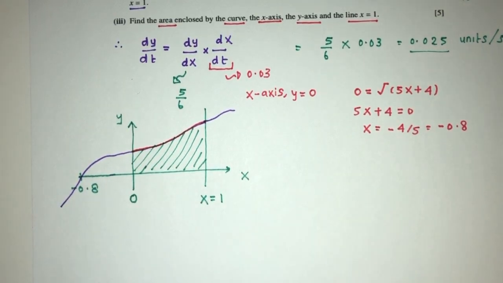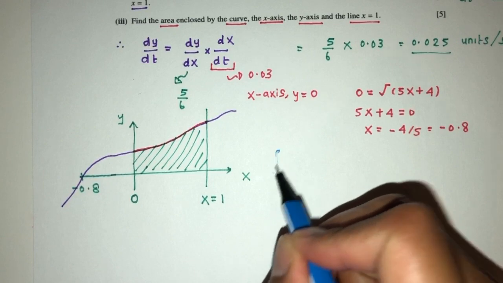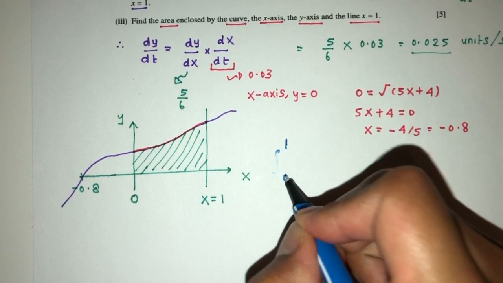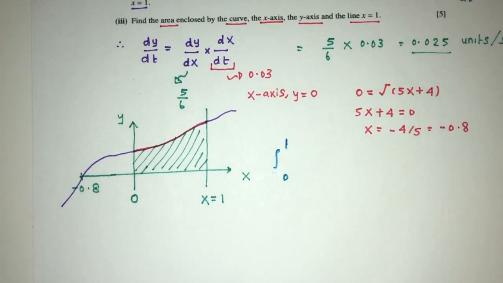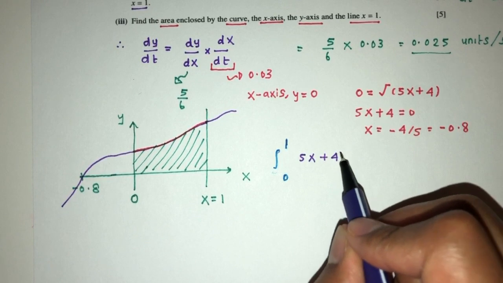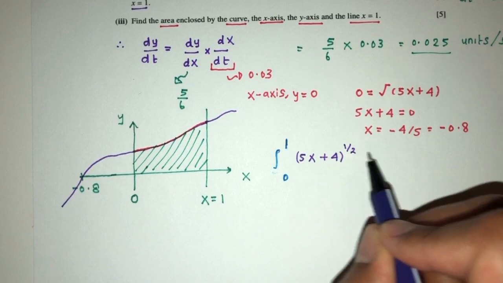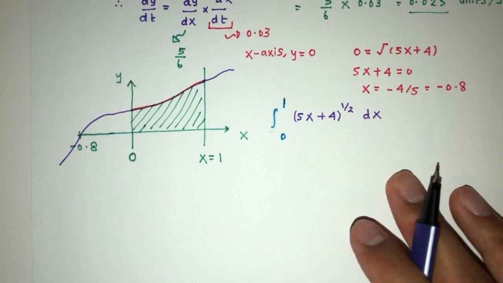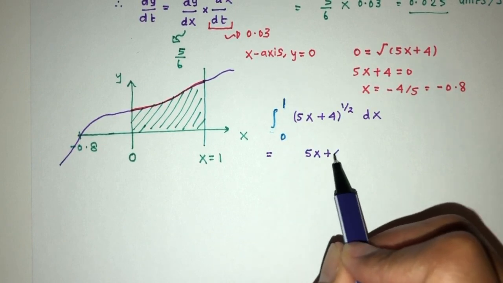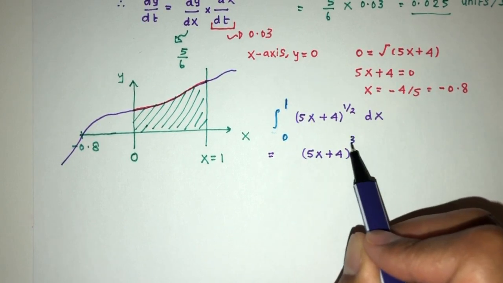So how do you find area under a graph? Well, you use integration. Limits will be 1 and 0. The equation was 5x plus 4 power half, with respect to x, dx. First, increase the power by 1, so half plus 1 will be 3 over 2.